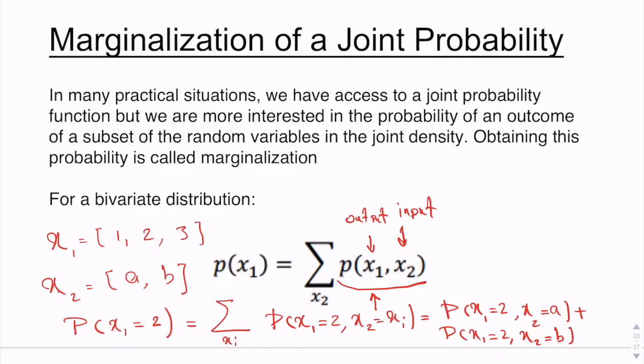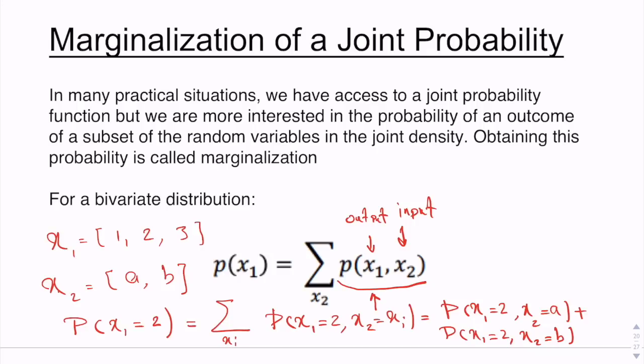That's one example. In Bayesian inference, marginalization is extremely important because sometimes we want to do the reverse: we have the probability distribution for one variable, but we want to express it as a joint probability distribution.